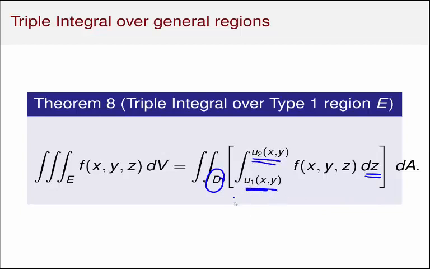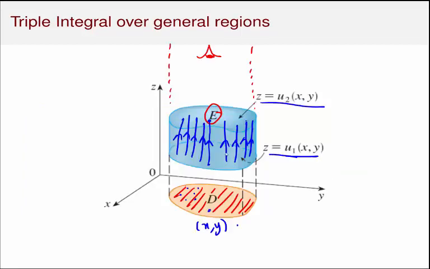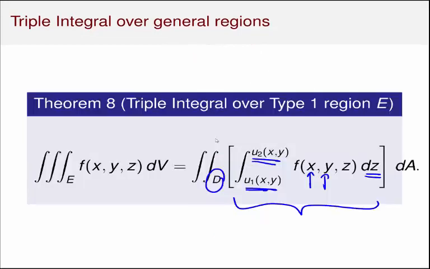In other words, the most inner integral is a single integral with respect to z by holding x and y fixed. So this will be the integral computed along these blue vertical arrows. Do you see that? So for any fixed x and y, the inner integral is computed along this blue vertical arrow.